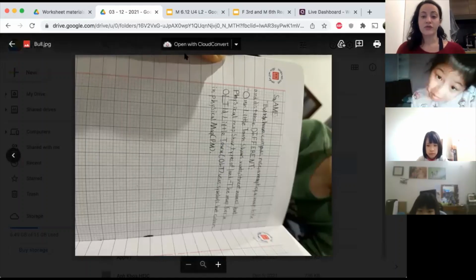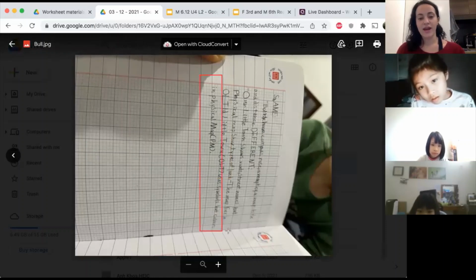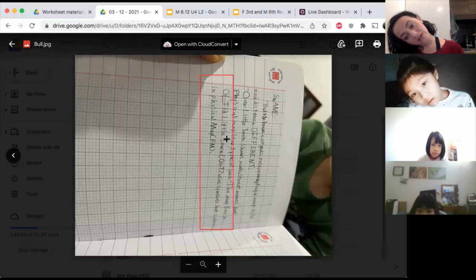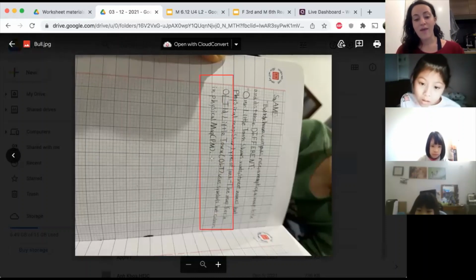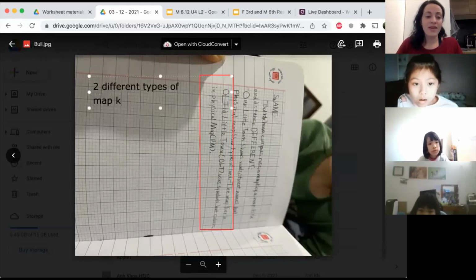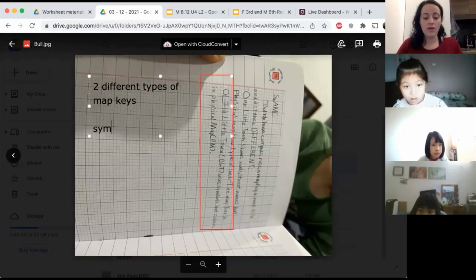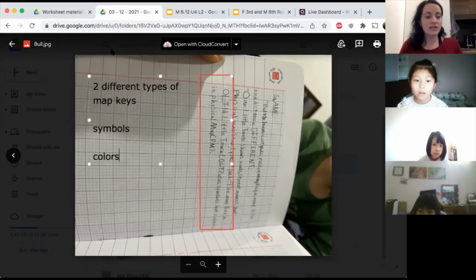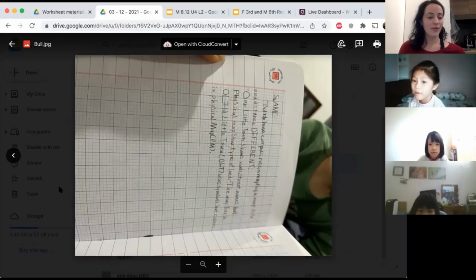Oh, this is a great one. This part right here, I know it's hard to read, so I'll read it. Ready? Our little town uses symbols and the physical map uses colors. So 2 different types of map keys. One uses symbols, one uses colors. That is a great difference. Good job, Bull.